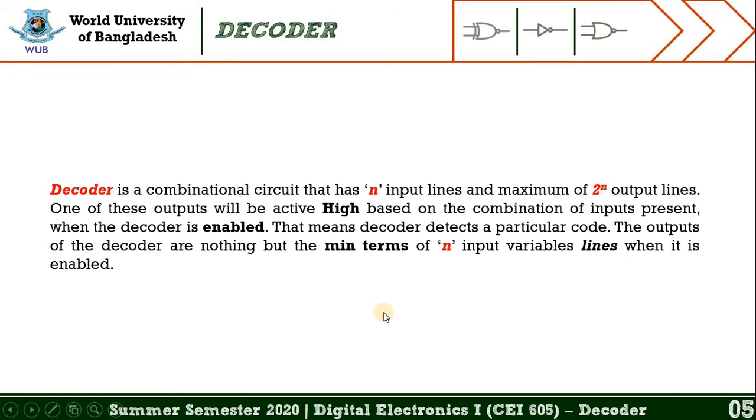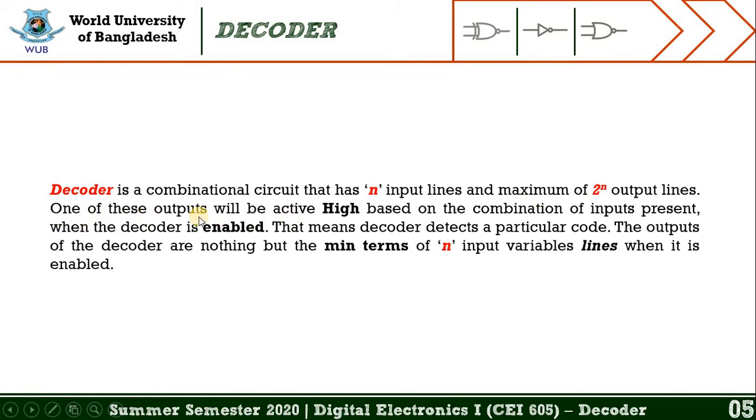Now, from this slide, we may learn a general overview of the decoder. A decoder is a combinational circuit that has n input lines and a maximum of 2 to the power n output lines.